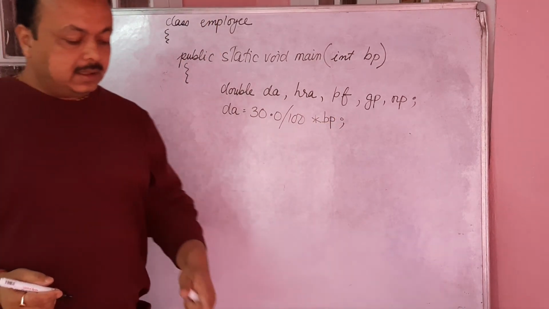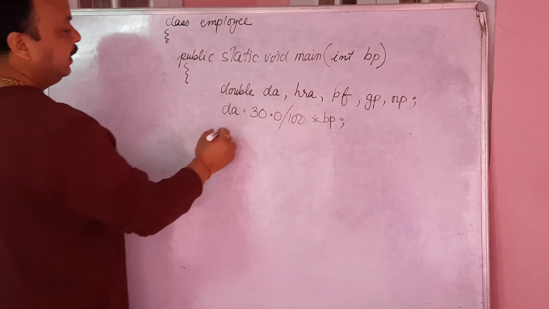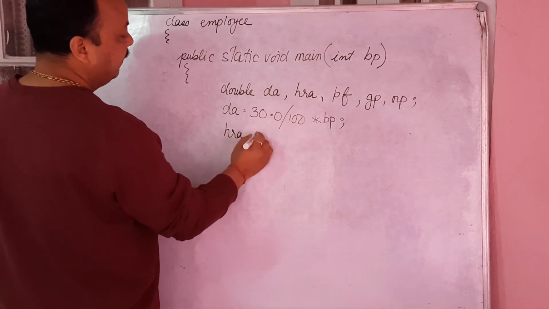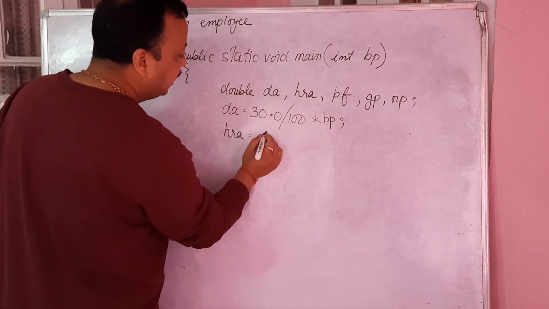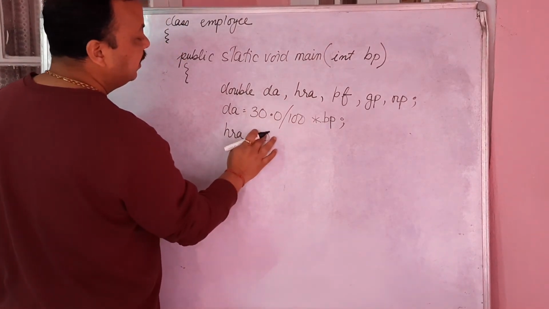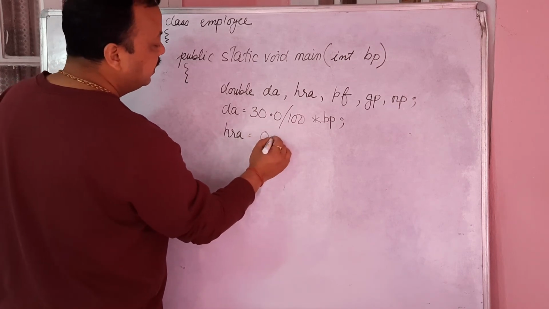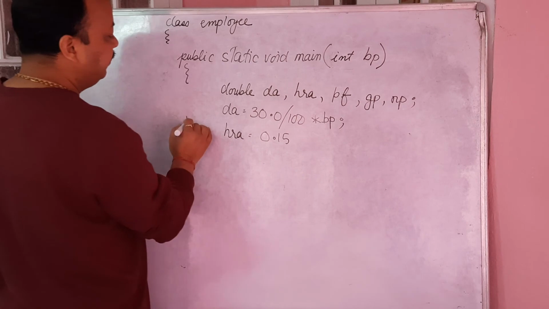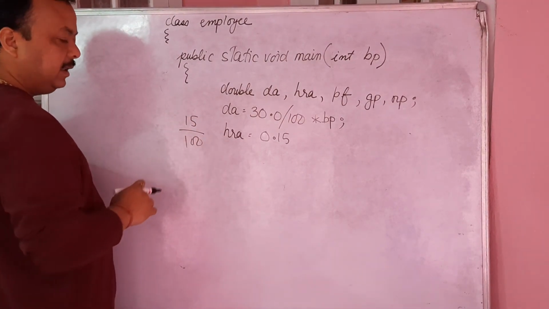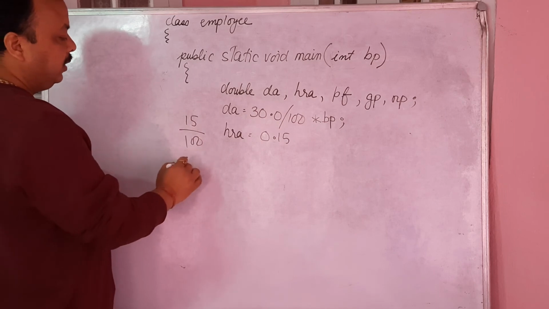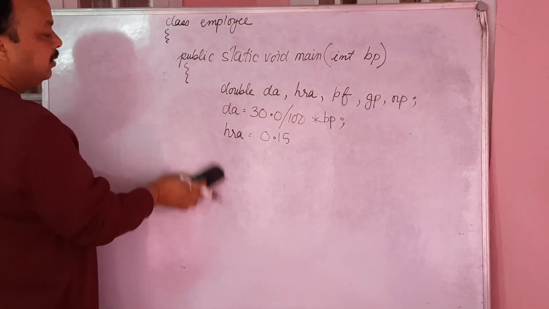So they have mentioned that DA is 30% of basic, then HRA is 15% of basic. So here, see, you can also write 15% as 0.15. If you divide 15 by 100 in maths, as an arithmetic calculation, what you will get is 0.15. So straight away I am writing here 0.15.